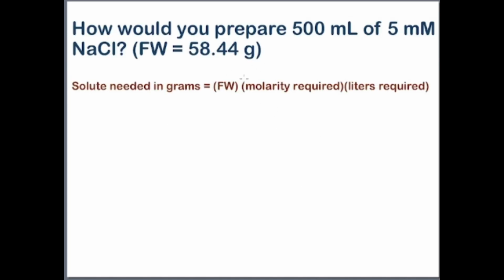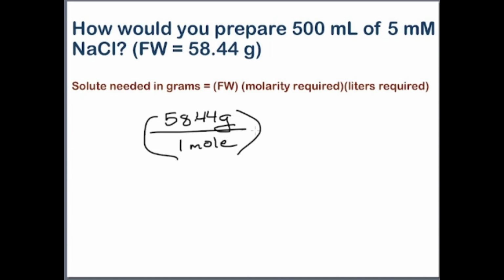And here's the second question. How would you prepare 500 mils of a 5 millimolar solution of sodium chloride? And again, you can still use the handy dandy formula. Again, we put in the formula weight, which is 58.44, and we can put the units in here, grams in 1 mole, times the molarity that you want.